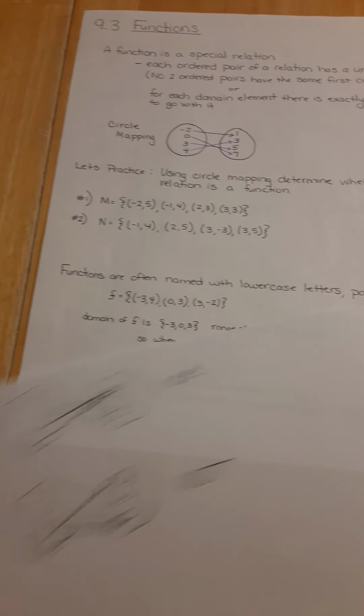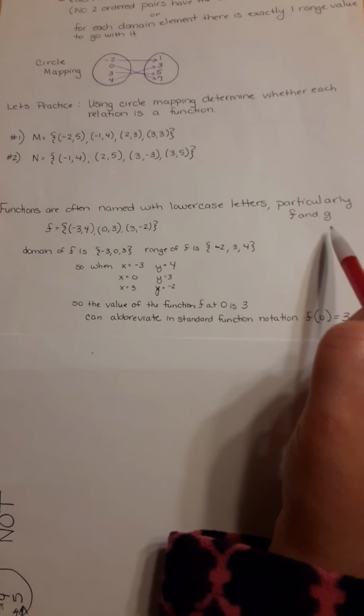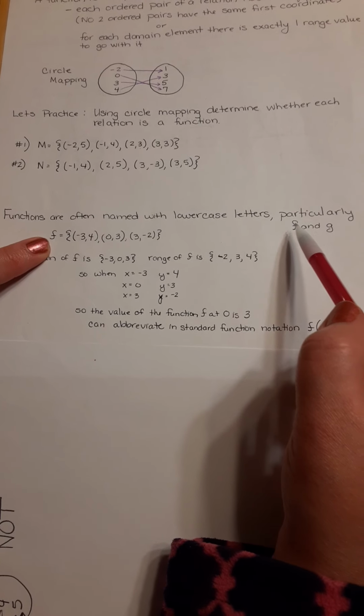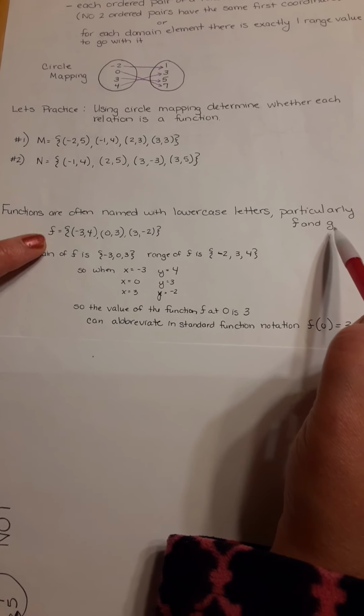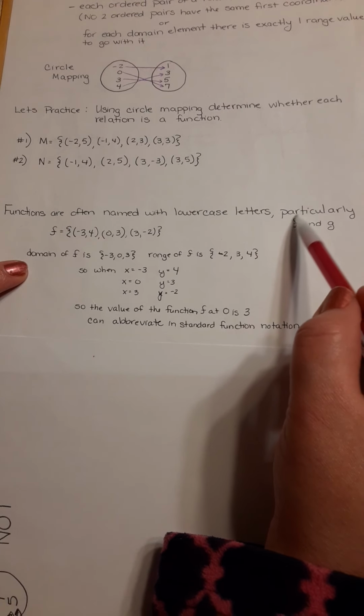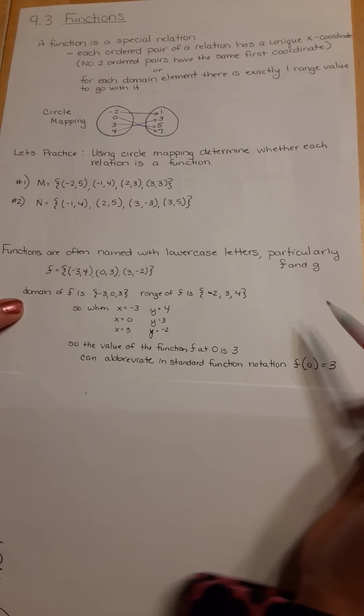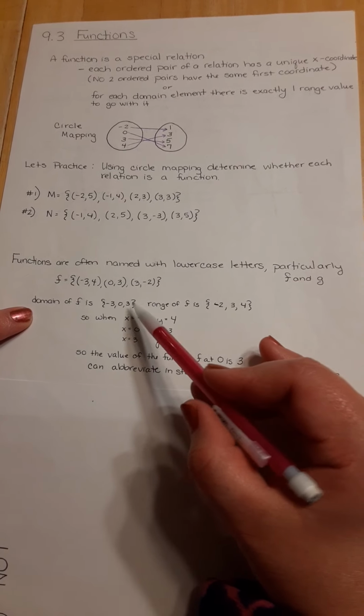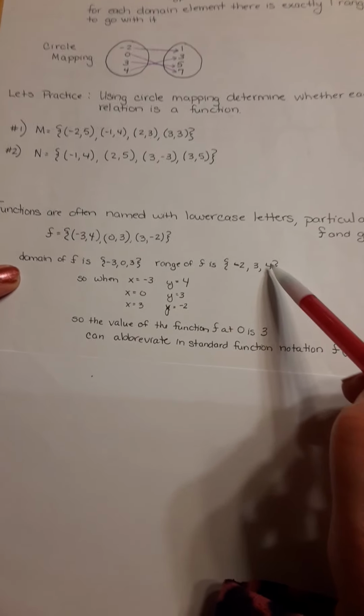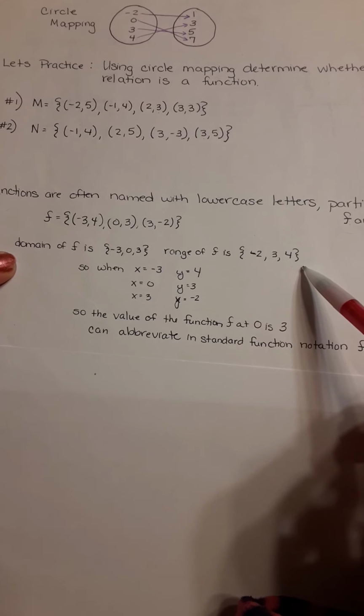Now, a reminder about function notation. Our functions are always named with letters, and a lot of times they use f and g. A domain is always my x's, and my y's are always the range.